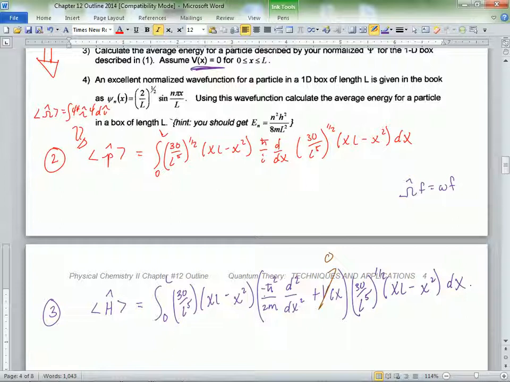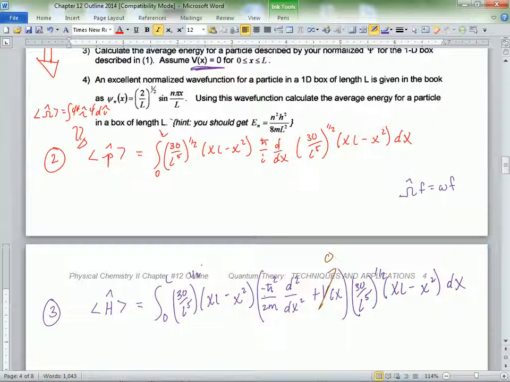Why 1/2 on the 30? Yeah, that's the square root. So you see how we'll have xl minus x squared here, because we can't pull that out of the integral. We'll have what left in here? d2 dx squared, exactly. We'll have that left in here. And over here, we'll have this xl minus x squared.